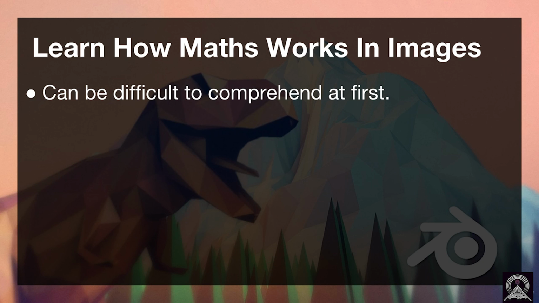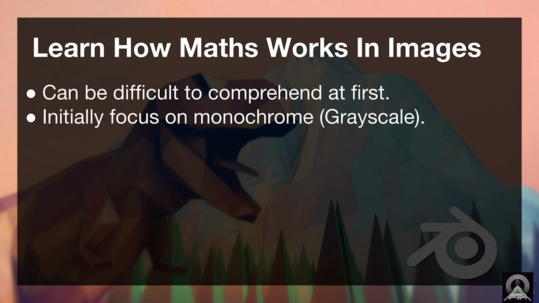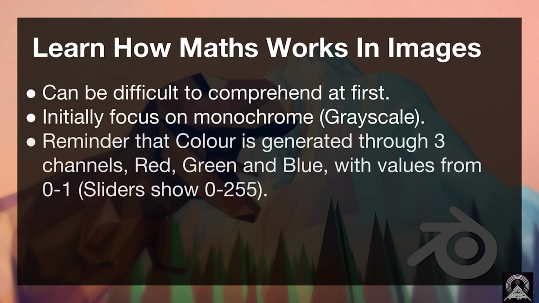Now, if you think about how a computer is showing you an image, it is a series of values. Each pixel of an image will have a certain red, green, and blue value. Initially, we're going to focus on monochrome or grayscale, and that is where the red, green, and blue channels, so color is generated from those three channels, have the same value. Now, if they all have a value of 0, then you get a black image.